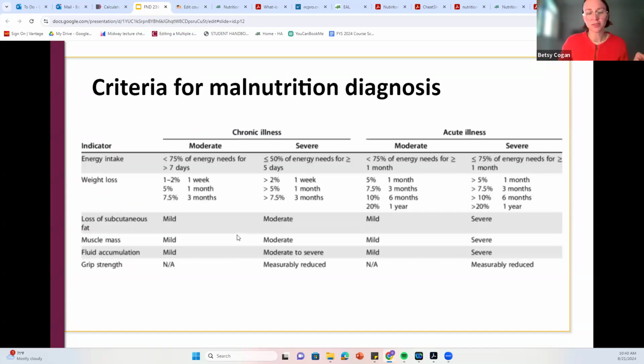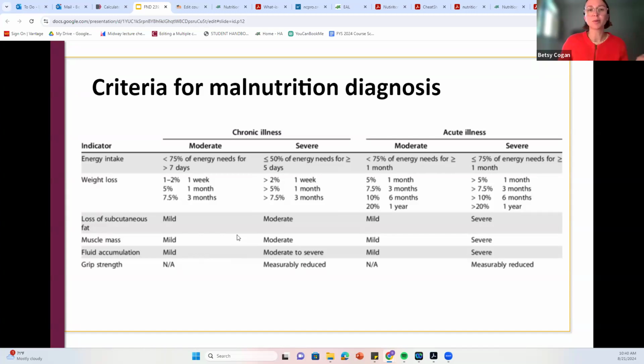We can use different tools. This is another example of a tool where we're taking a peek at how much they're taking in. We're looking at weight loss trends, changes in fat loss, which we identify through the nutrition-focused physical exam, and changes in muscle mass, maybe fluid accumulation or swelling that is in the chart or evidenced in our interactions with the client. We can also use grip strength to identify malnutrition.